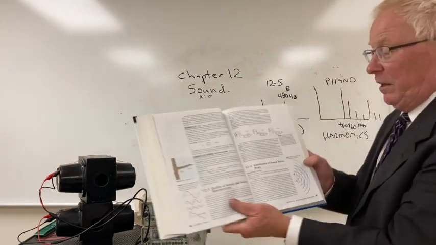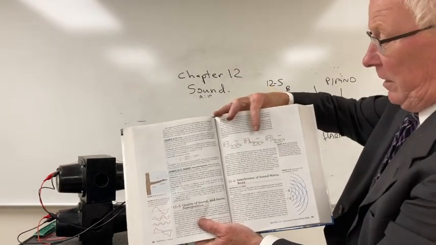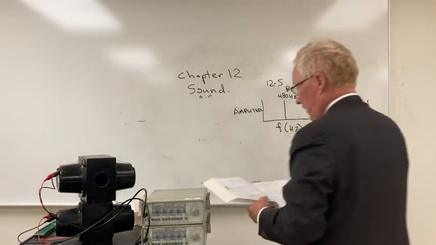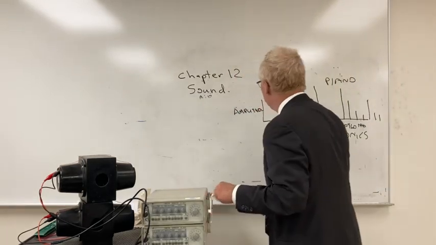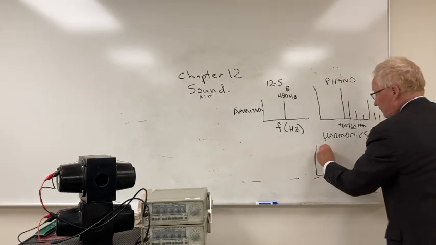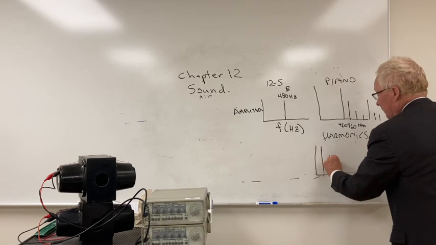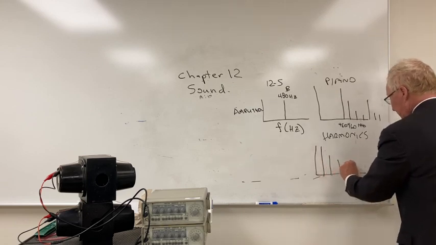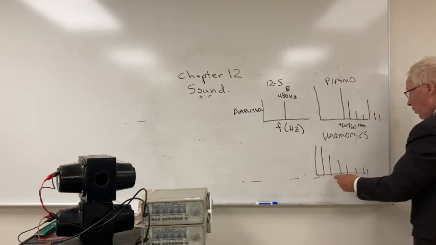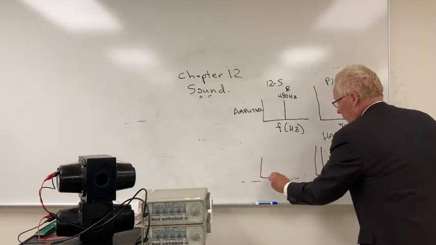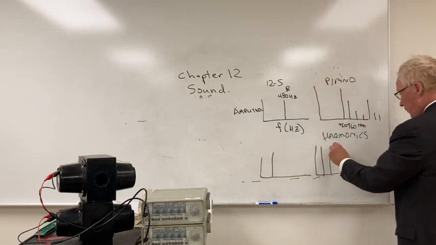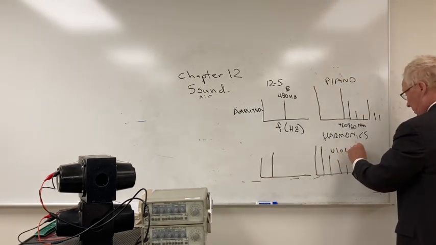As far as these higher harmonics, clarinet, piano, and violin, they're all harmonics of the fundamental frequency. So for a violin, you have the main harmonic, then you have decreasing harmonics. So these are all multiples of the fundamental, or a tuning fork could just have the one. So this would be for a violin, perhaps.